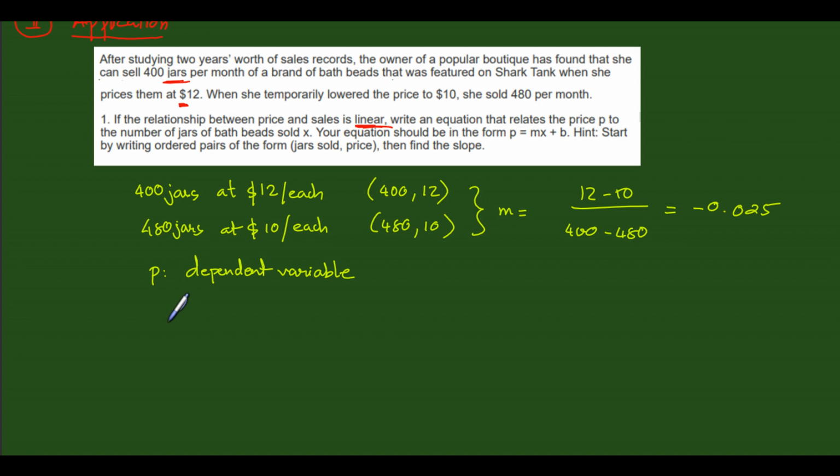Then we can write it using the point slope form. So it will be P minus, I'm going to pick a point. I'm going to pick this one because this is 10. You can pick the other one, but I'm going to pick the second one. So P minus 10 equal to negative 0.025, X minus 480.